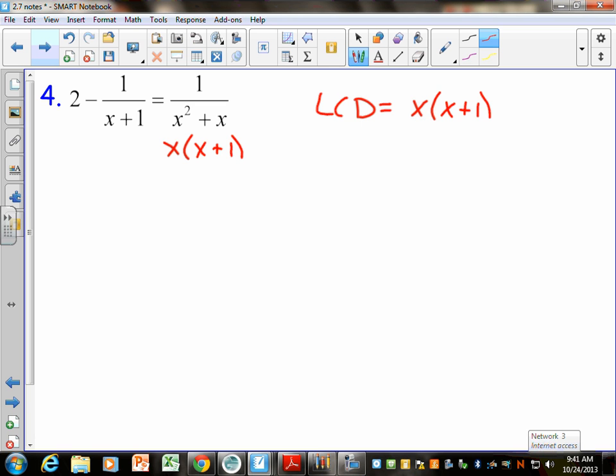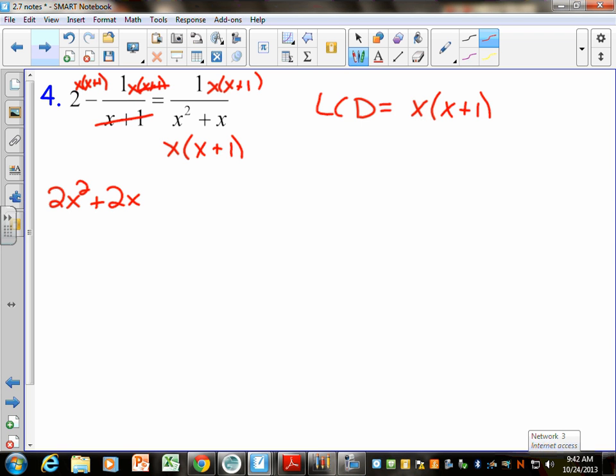Alright? So I'm going to go through and just multiply everything by that, and I like to just squish it up here next to the problem. So I say x times x plus 1, x times x plus 1, x times x plus 1. So I get 2x squared plus 2x on that one, if I distribute that correctly.